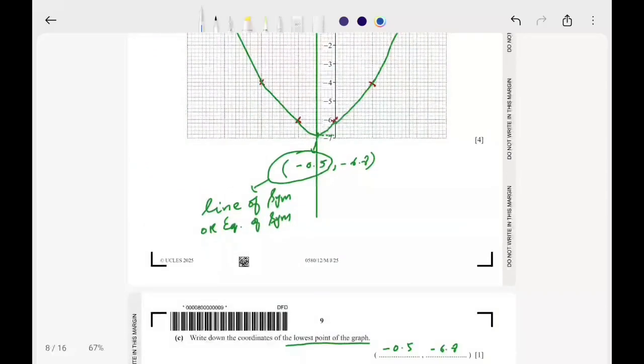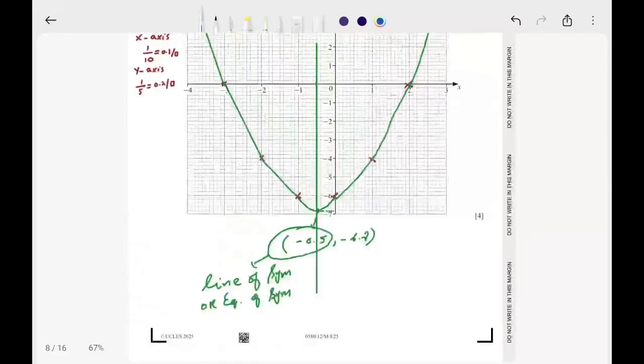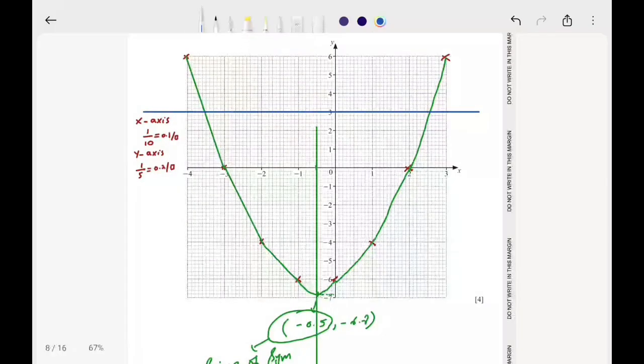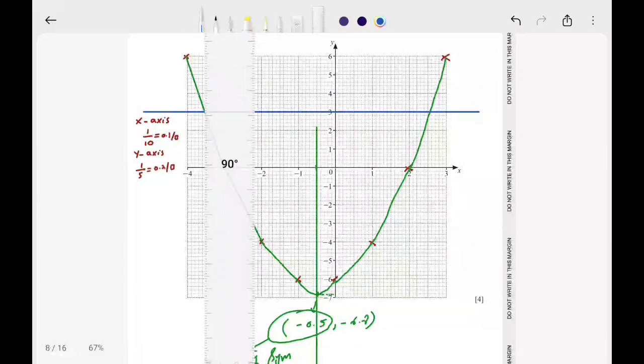And we have to write the answers as well, or we have to find the values for x. So one answer would be minus 3.6.